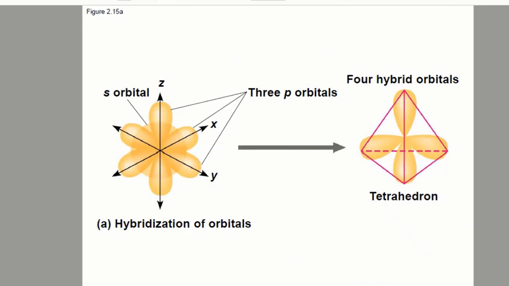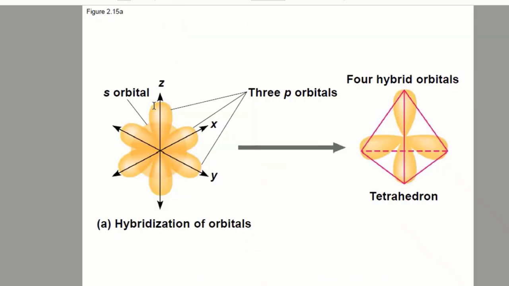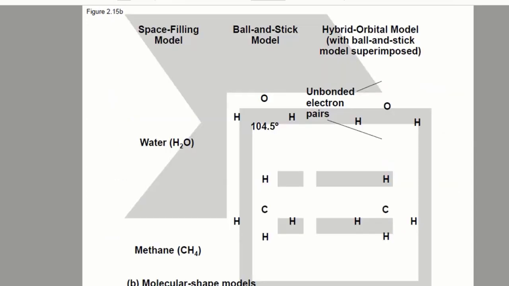It's the same structure as previously, just zoomed out, where you can see the s orbital and three p orbitals. The four hybrid orbitals of this structure form a tetrahedron. And as we proceed, you can see the space filling model, the ball and stick model, and the hybrid orbital model with the ball and stick model superimposed.